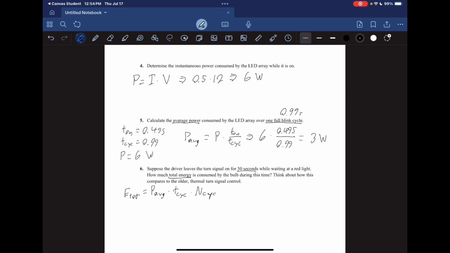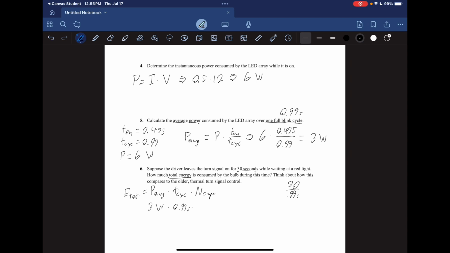So we have average power we already found is 3 watts. Time that a cycle takes we already found is 0.99 seconds. These are multiplied together. And then for the number of cycles, you would do 30 divided by 0.99 seconds.